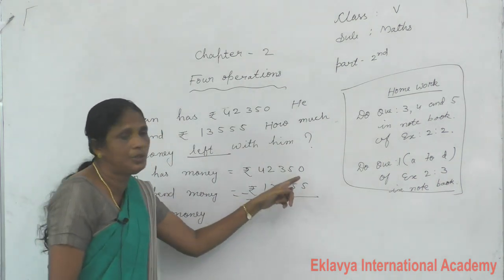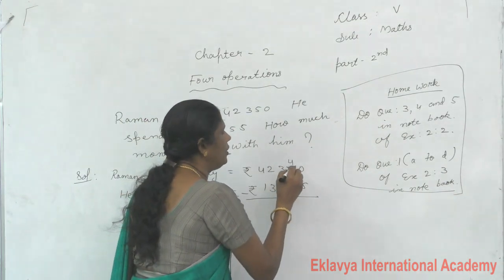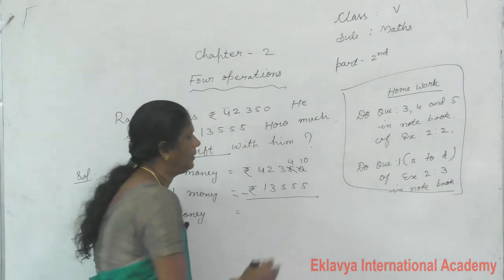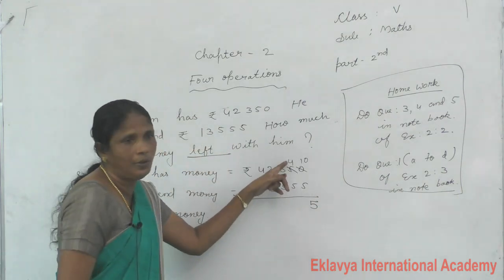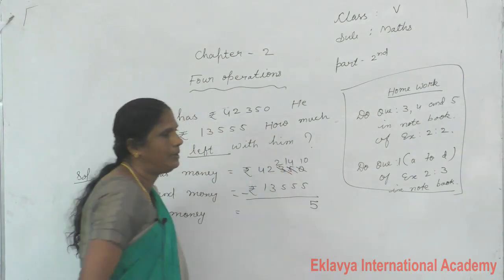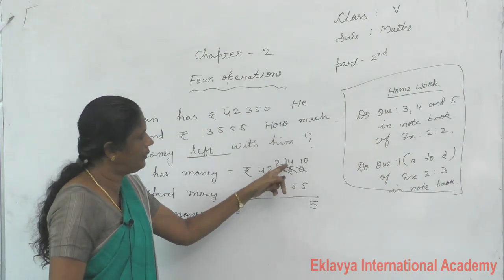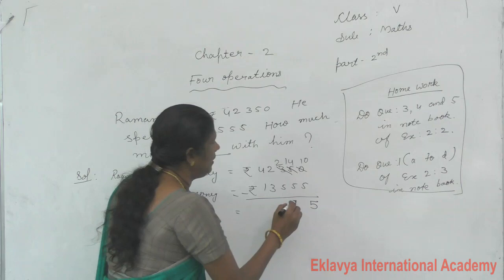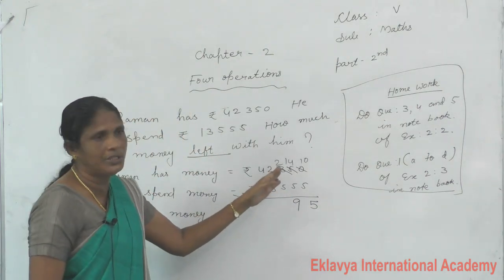5 take away from 0, is this possible? No. We take a borrow, this goes to 4, this becomes 10. Then 5 take away from 10, 5. Again 5 take away from 4? No, this is not possible. Again we take a borrow, this goes to 14. Then 5 take away from 14, you get 9. Again 5 take away from 2, is this possible?